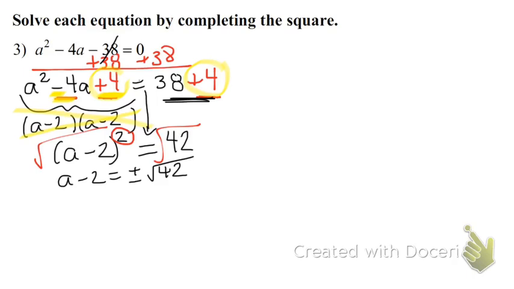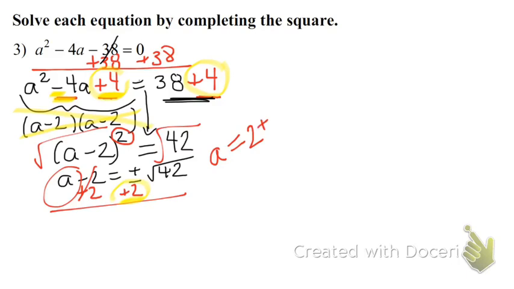It's 21 times 2, it's 6 times 7, but none of those are perfect squares, so it's going to stay like that. Get the a by itself, add 2 to both sides. And you don't have to show this step, you can just do it. And my final answer is a equals 2, and that's this 2 right here, plus or minus the square root of 42. And that's my final answer.